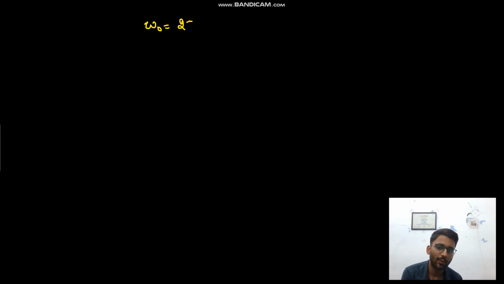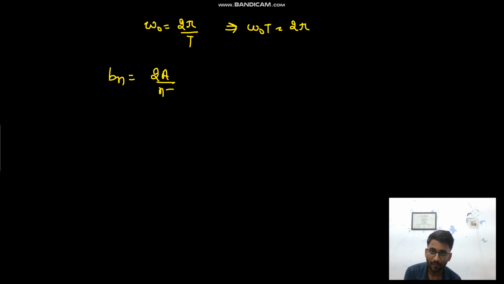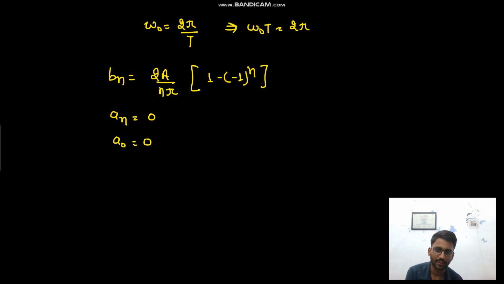Omega naught equals 2 pi by T, right? So omega naught T is 2 pi. By solving this, I have solved it here, your b_n will be 2A by n pi times (1 minus (minus 1) to the power n). Your a_n is already 0 and your a naught is also 0.